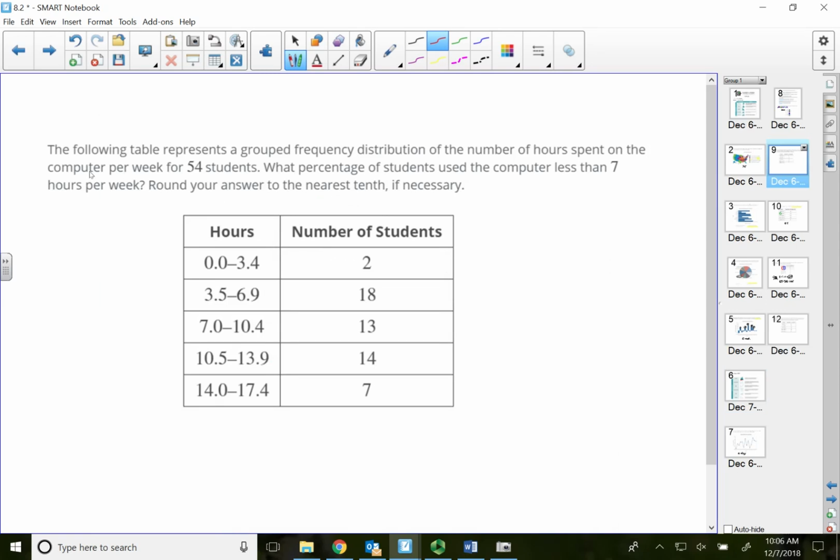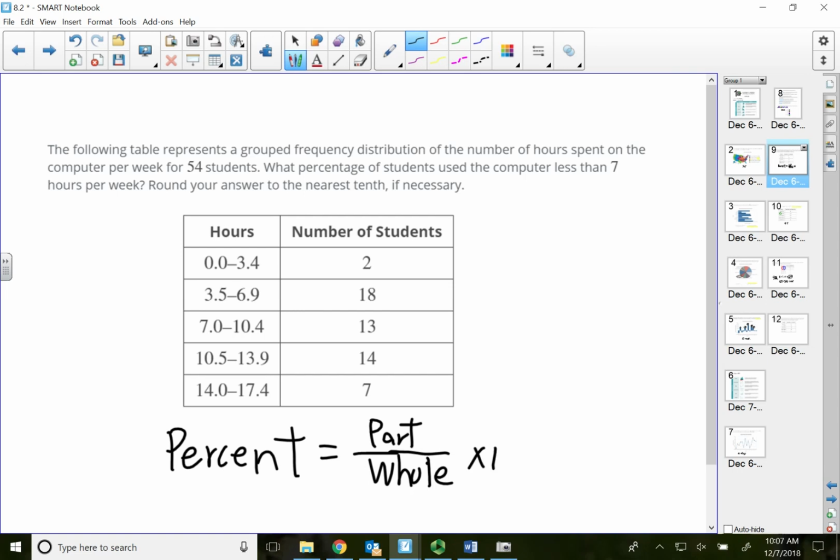Following table, again, this is computer usage per week for 54 students. What percentage of the students use a computer less than 7 hours a week? This problem is asking for percent. As you can recall, percent is always part over the whole times 100.